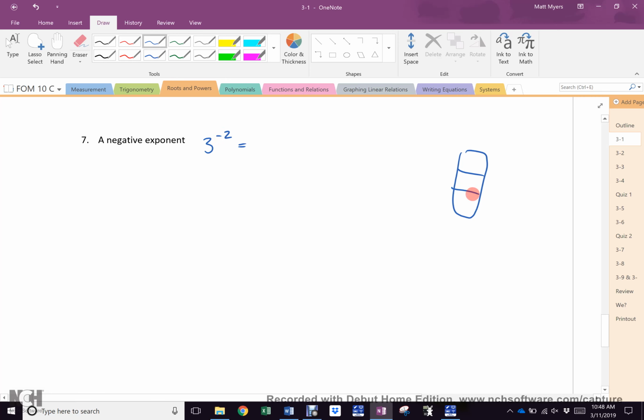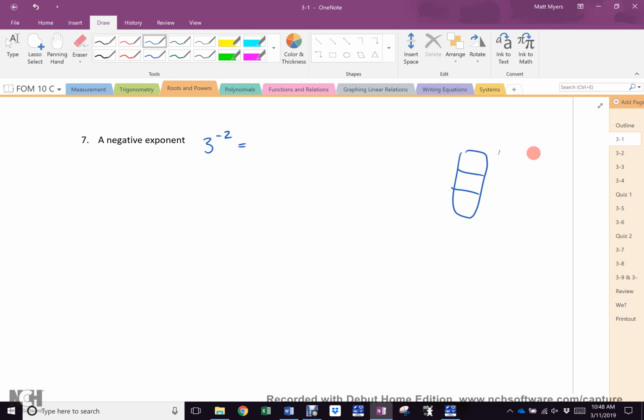I have to make a square of 3's, right? So 3, 3, 3, and I get 9, right? Makes sense. I made a square that was 3 squared. Everybody cool? So how could I make that 3 repeat itself twice negatively?